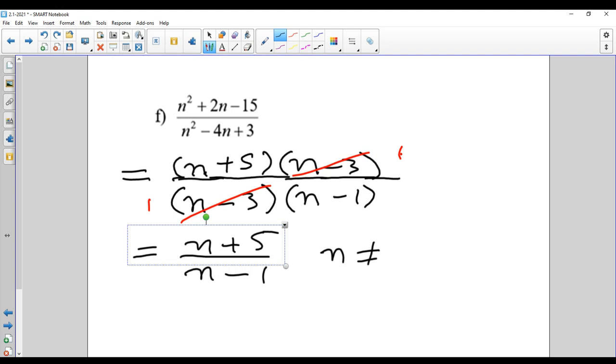Isn't that last n like a good one? Okay, good. What values of n? Say again? 3. So just 3? Or is there any other value? So n cannot be equal to 3. Anything else? So that's it?